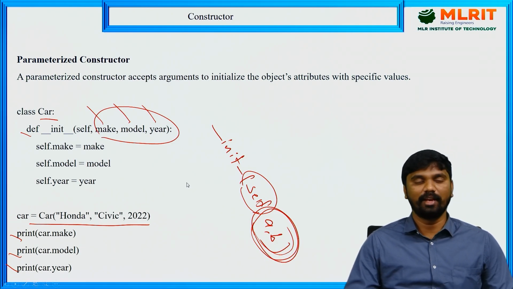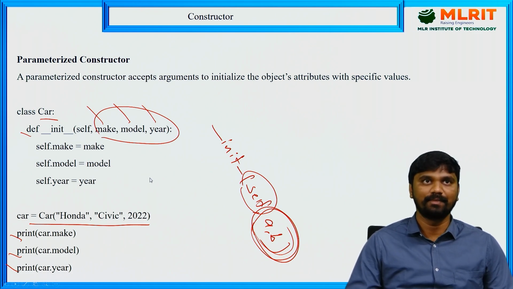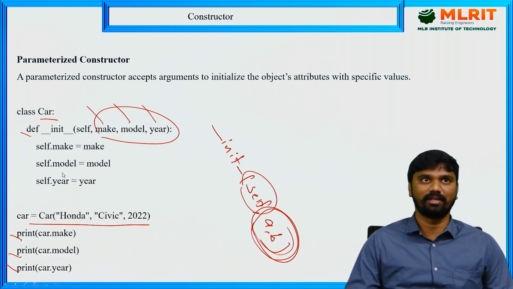If anybody asks what is the difference between the default constructor and the parameterized constructor: the constructor which doesn't have arguments other than the self argument or self parameter is called a default constructor.